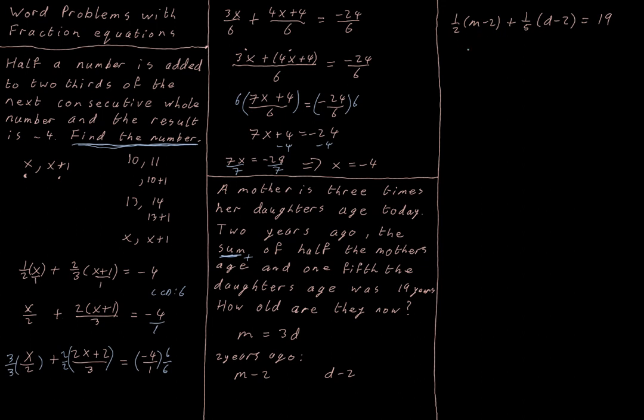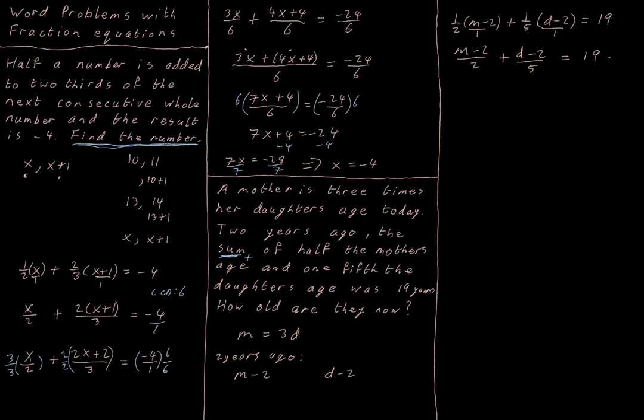So first of all, we have half of this. I'm going to write that as a fraction because it's easier for me to think about. Plus 1/5 of this. Remember, this is over 1, this is over 1, so top by top, bottom by bottom, I end up with the daughter's age minus 2 all over 5.